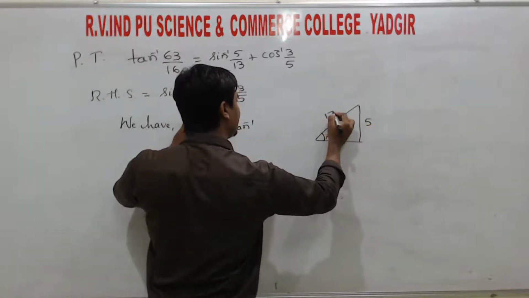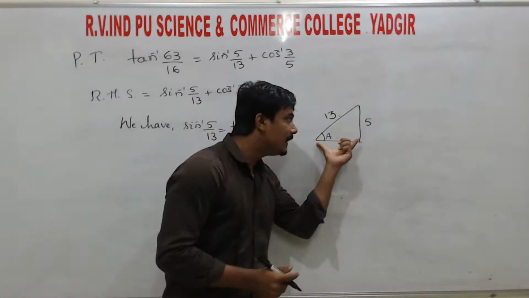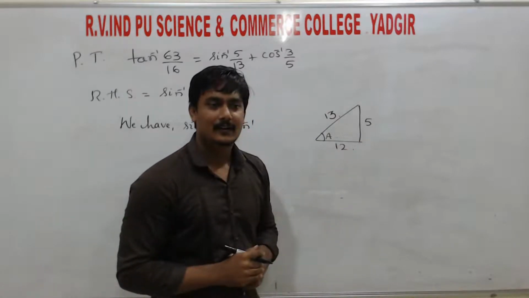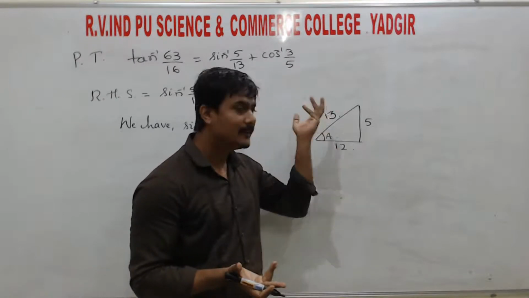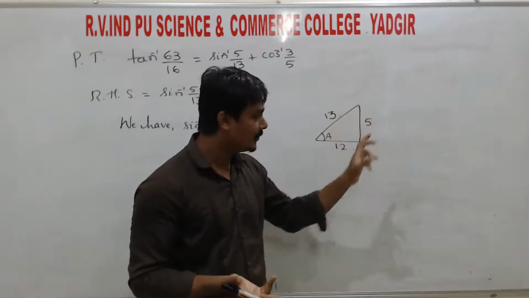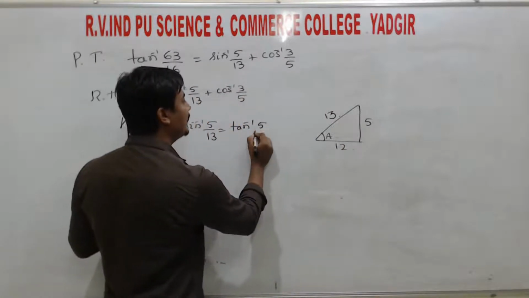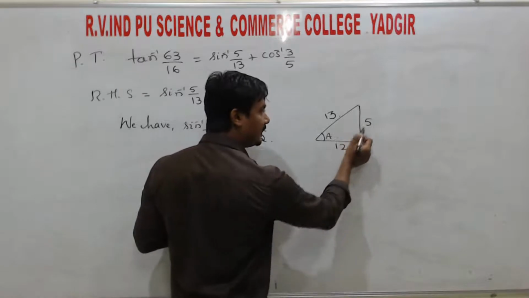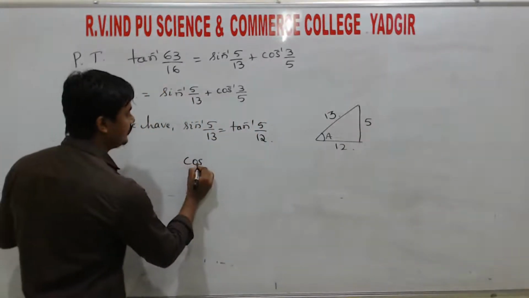Opposite by hypotenuse. Can you tell me what will be the adjacent length? Yes, it will be 12. How do you come to know? We remember standard Pythagorean triplets 5, 12, 13. So the adjacent side length will be 12. Now in terms of tan inverse, it becomes 5 by 12. I hope you remember the tan theta formula, opposite by adjacent. It is 5 by 12.